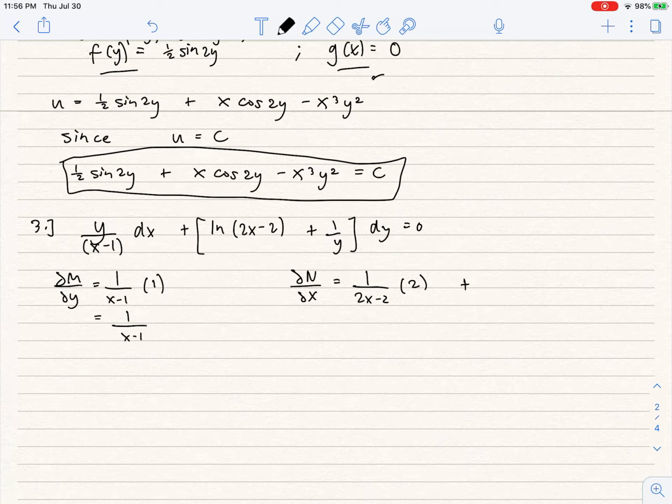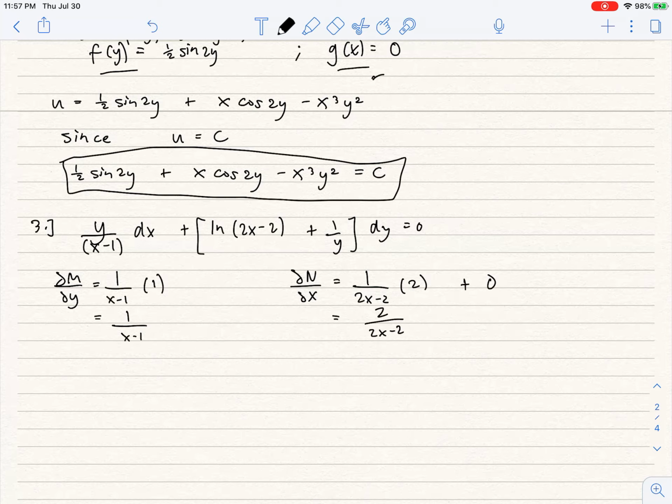Then plus the second term, 1 over y. Then we are differentiating with respect to x. Therefore, 1 over y here is just a constant, so it should be 0. Okay? Simplify this part. So now it becomes 2 over 2x minus 2.